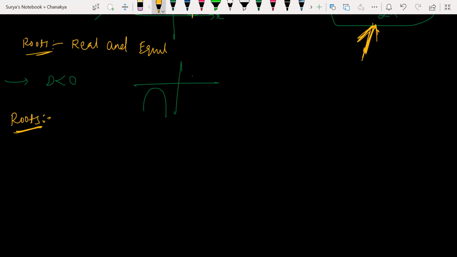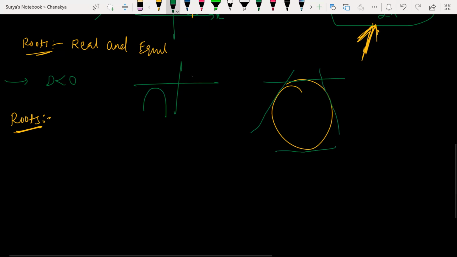So how do we find it? First of all, you have a circle. A circle can have an infinite number of tangents. देखो what is happening here? This line is touching at a single point.